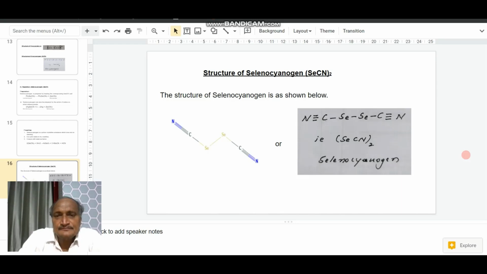So this is one type of structure of selenocyanogen, where 2 moles of selenocyanogens are bonded with selenium atoms like this. So both the structures indicate the structure of selenocyanogen.